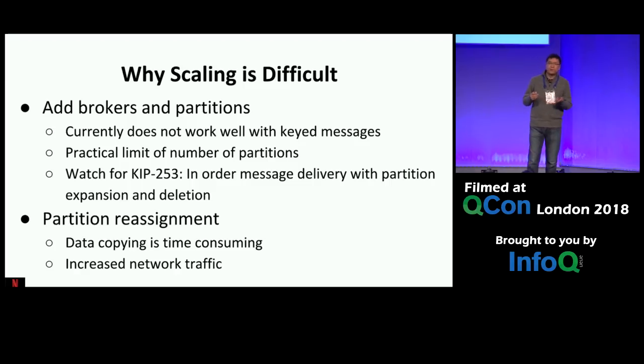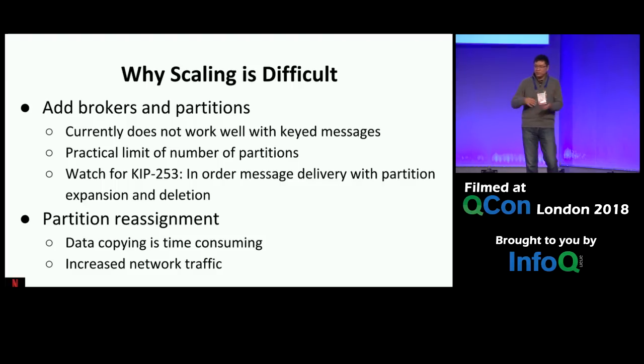There's also a practical limit on the number of partitions you can have for a Kafka cluster. According to the latest recommendation from Confluent on the 1.1 release, you can have roughly around 100,000 partitions for your Kafka cluster. That being said, there's a new proposal being worked on right now, KIP-253, for message delivery with partition expansion and deletion.